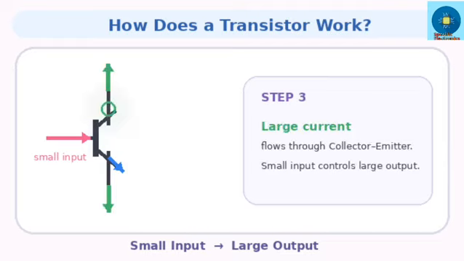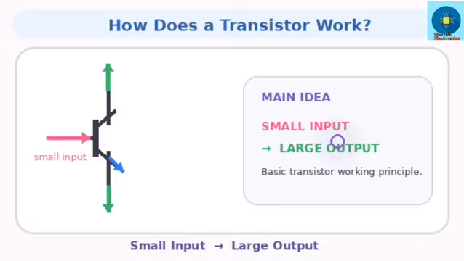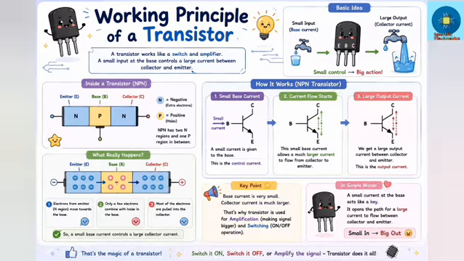As a result, a much larger current can flow from the collector to the emitter. So, the small base input acts like a control signal while the larger collector-emitter current becomes the output. That's why we can simply remember small input to large output, and this basic behavior is what makes the transistor useful for switching and amplification.